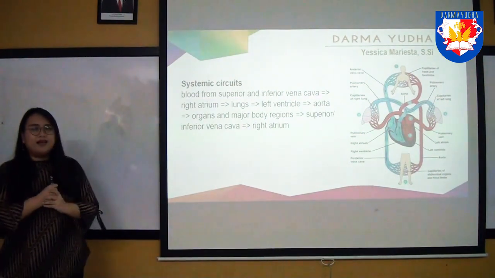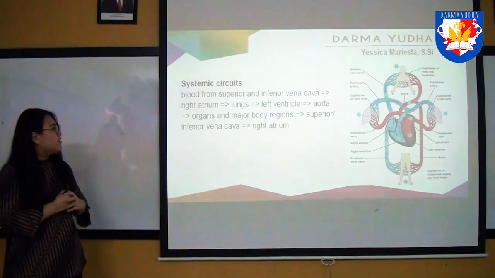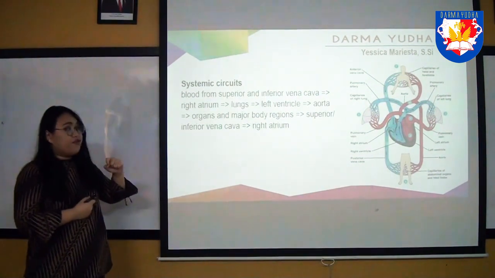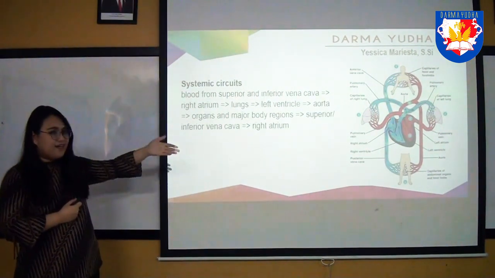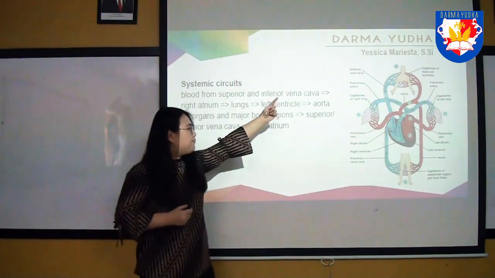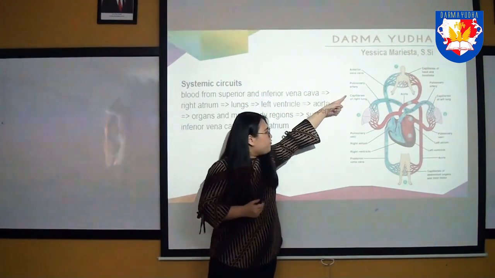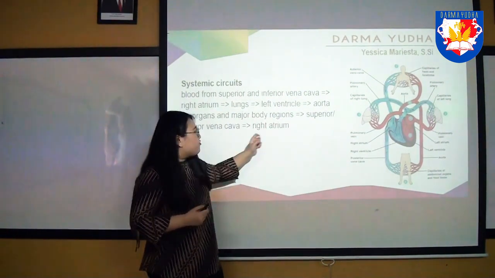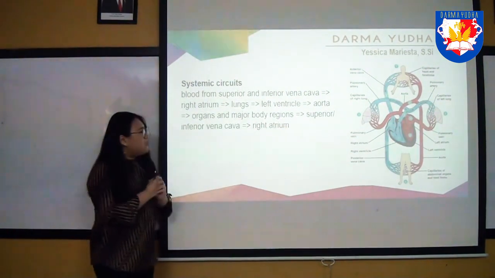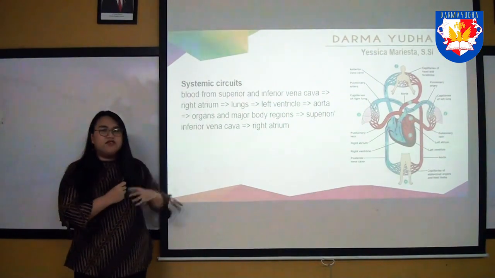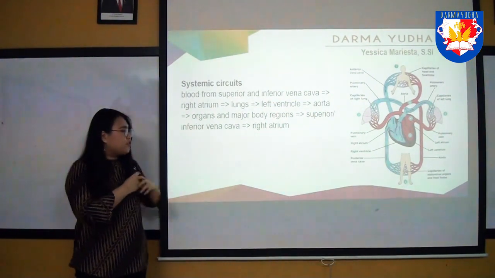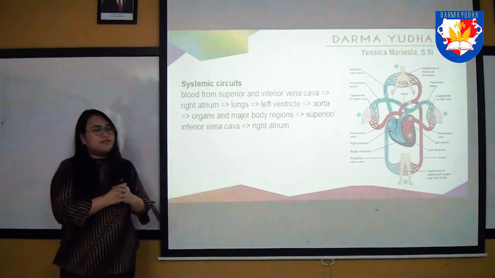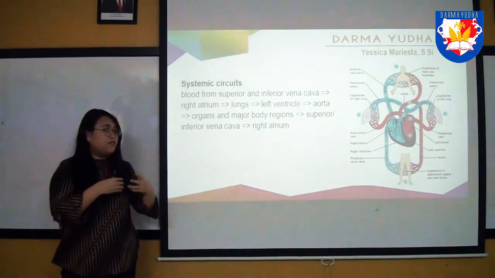Firstly, the systemic circuit. The blood from the superior vena cava and inferior vena cava, you can take a look at the slide here, moves to the right atrium, right? After that, it moves to the right ventricle. After that, it circulates to the lungs, where the carbon dioxide and oxygen diffuse.